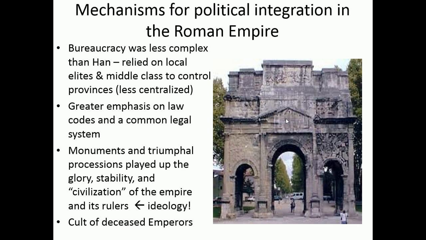And as a part of this, they actually developed a cult of worship of deceased emperors, where people would declare dead emperors gods, and then burn candles or say prayers to those emperors. So Rome's ideology was a little bit less centralized, I would argue, as well.